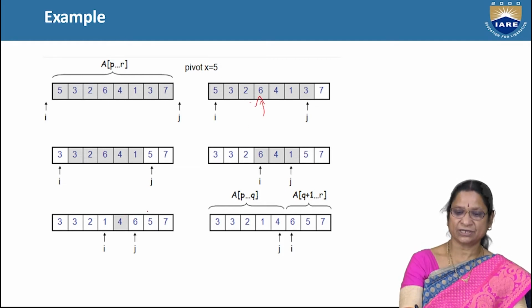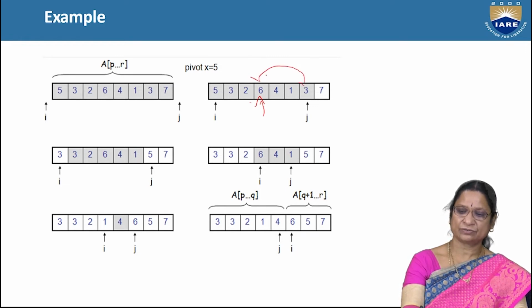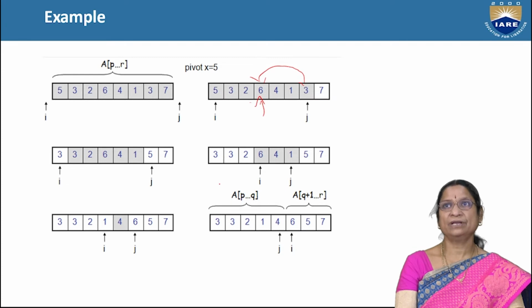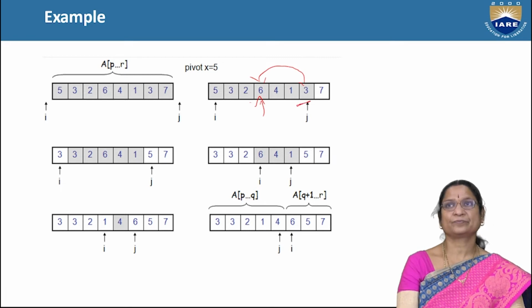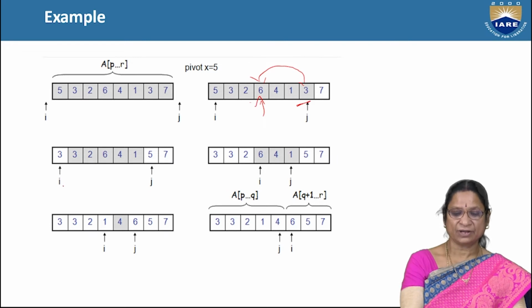Then the interchange occurs. When the interchange happens, 3, 4, 1 are all lesser and J remains as it is. So we are going to consider only that Jth value to be interchanged, that is 3. 3 and 5 are interchanged.